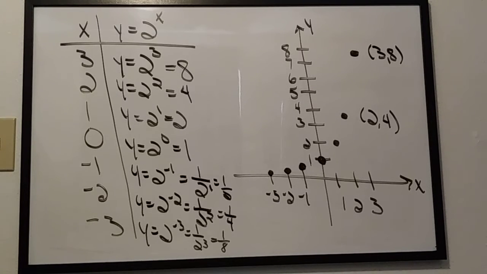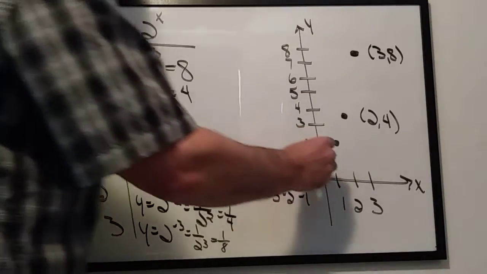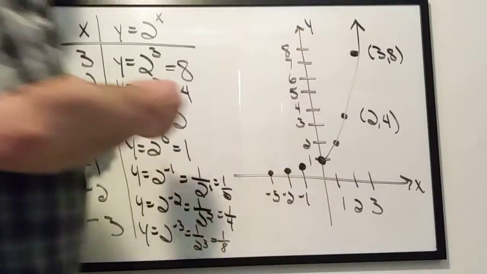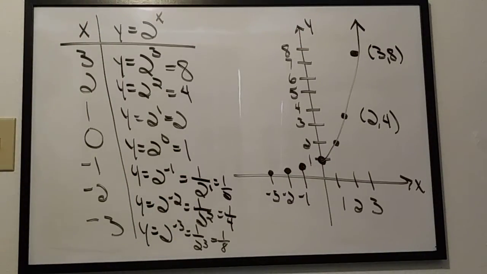In the world of polynomials, on the right-hand side, you would either shoot up forever or shoot down forever, and that's the same kind of thing that we're encountering here. Now, an exponential function shoots up forever faster than a polynomial function, but it still goes up forever. So that's the first thing you want to note about exponential functions, that one side is going to go up or down forever.